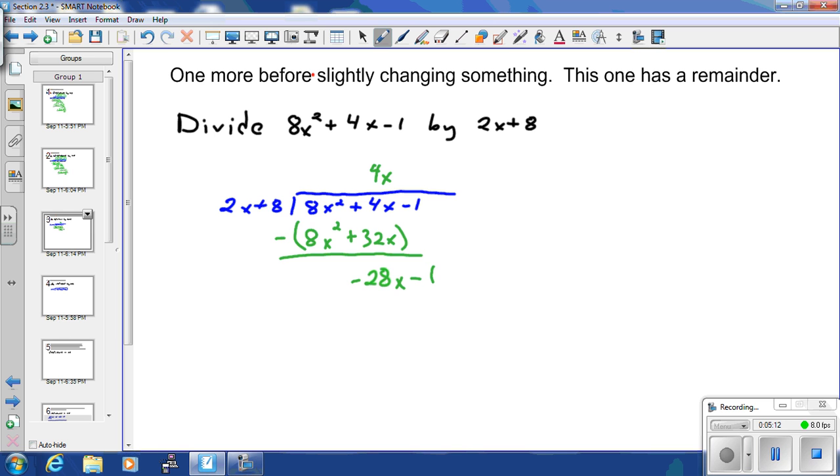Bring down the minus 1. 2x times negative 14 will give me negative 28x. So I'm multiplying back, and then negative 14 times the 8, we're going to get negative 112.